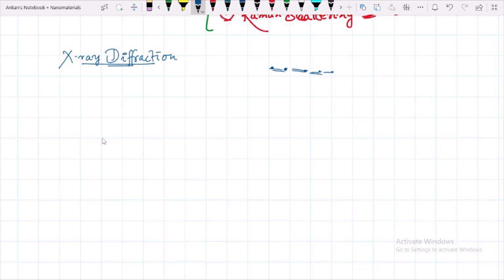Now, when he first observed the X-ray, it was the emission of a neutral particle beam. So at first he was confused whether it was gamma ray or X-ray.